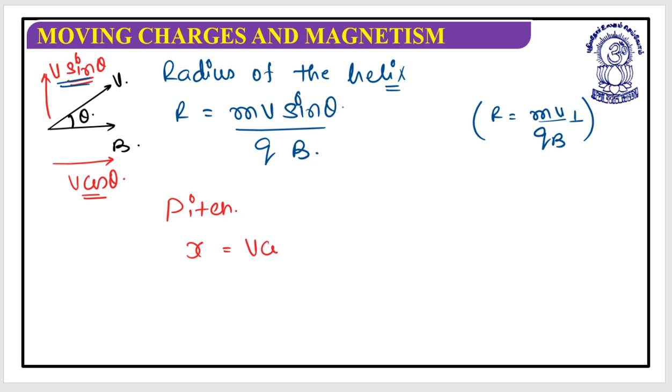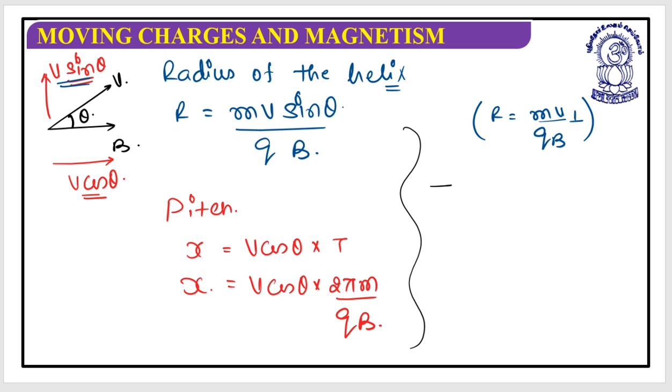It's v cos theta multiplied by the time period, which is v cos theta multiplied by 2 pi m divided by qB. This is the pitch. The time period of this situation would be the same, 2 pi m divided by qB.